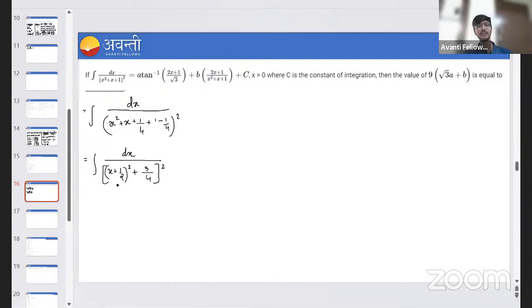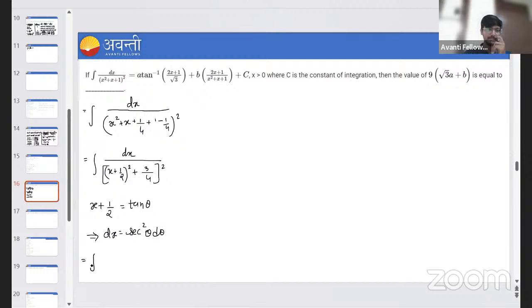So after this it is the square of a square, the whole square. So we can use substitution. Let us take x plus 1 by 2 as tan theta, right? So this will mean dx will be equals to sec square theta d theta.